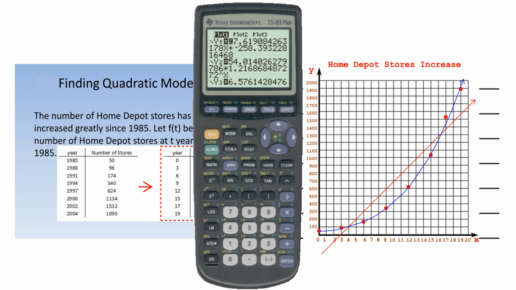So if I go to the right, and notice my cursor is highlighting or blinking where it has the equal sign, I can actually turn off that equation by hitting enter. I hit enter, and notice I push down, and it now goes to the next one and starts blinking on the next one. So I hit enter, and now I push down again, and it leaves me only one graph, so I go to graph.